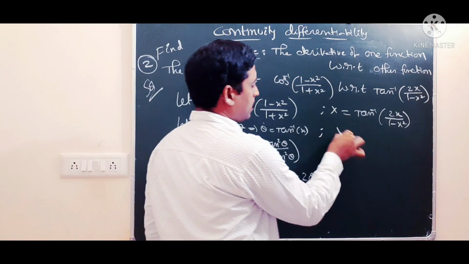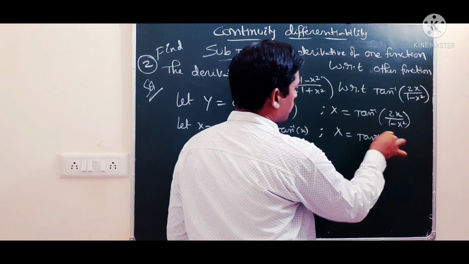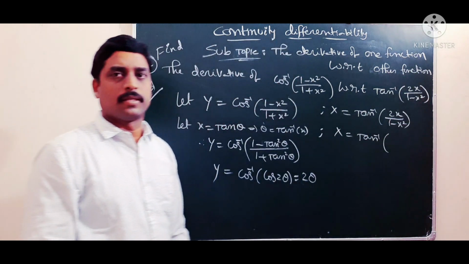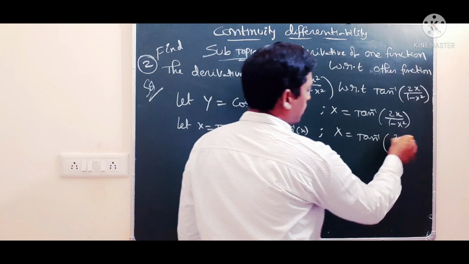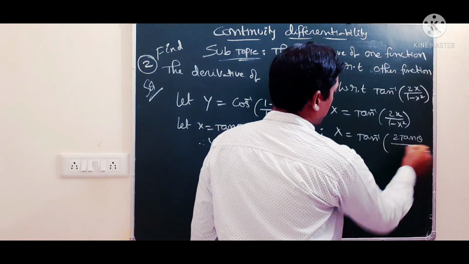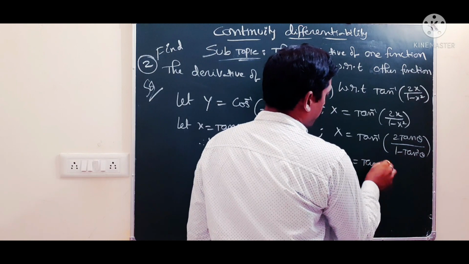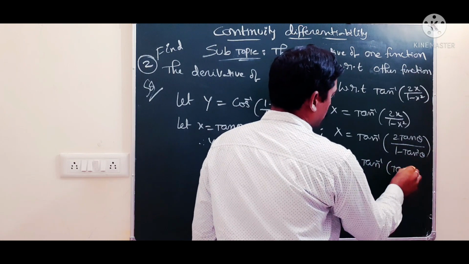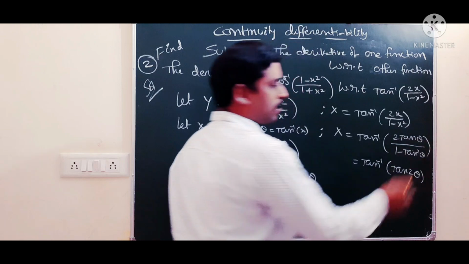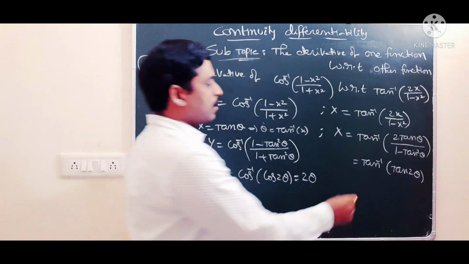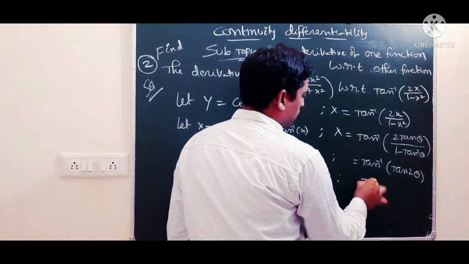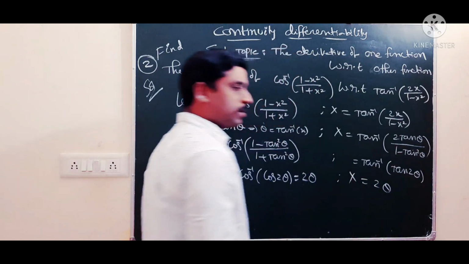Next, the second function. x is equal to tan inverse of 2 tan theta by 1 minus tan square theta. This formula is tan 2 theta. So tan inverse of tan 2 theta is 2 theta, so the x value is 2 theta.